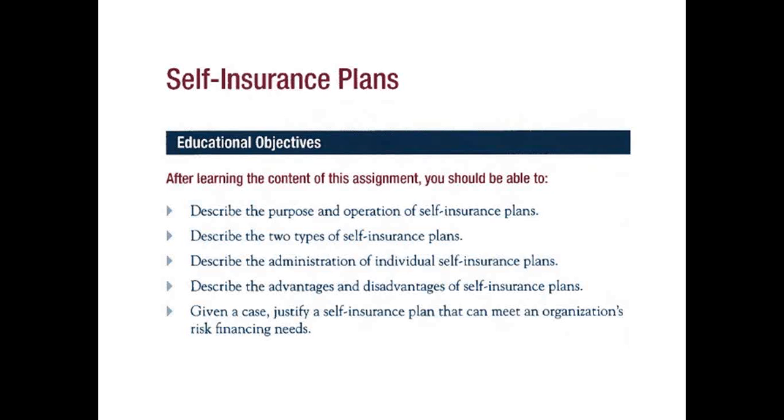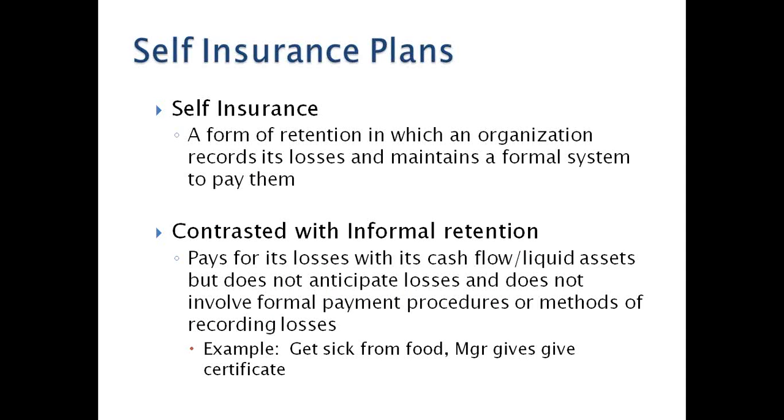And if you're going to self-insure, you truly need to have a risk manager on board that would understand the operations. Most organizations, if they don't have risk management, probably won't even go the self-insured route in the first place. So when we talk about self-insurance, what are we talking about?